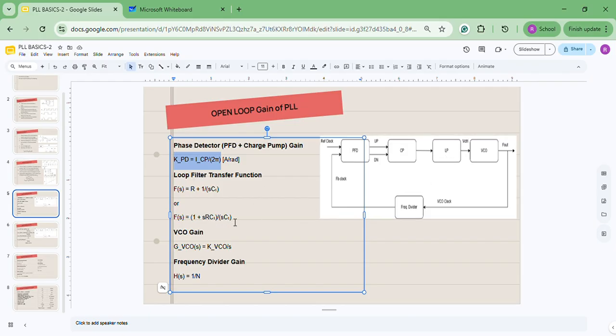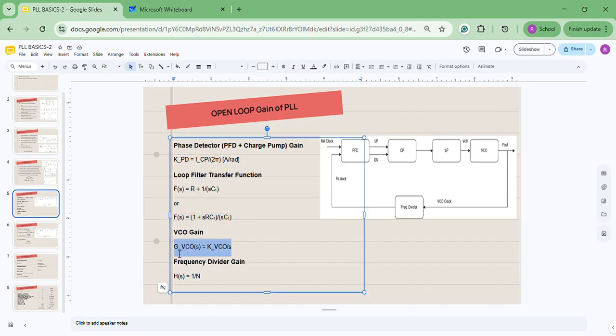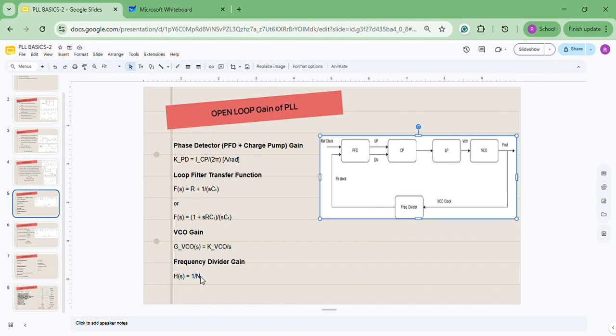Then this loop filter is basically a RC filter, any basic RC filter, which will have a transfer function just like this. Another thing is this KVCO. When KVCO is transformed into the frequency domain, it becomes KVCO by S. Another parameter is the frequency divider, which is 1 by n.